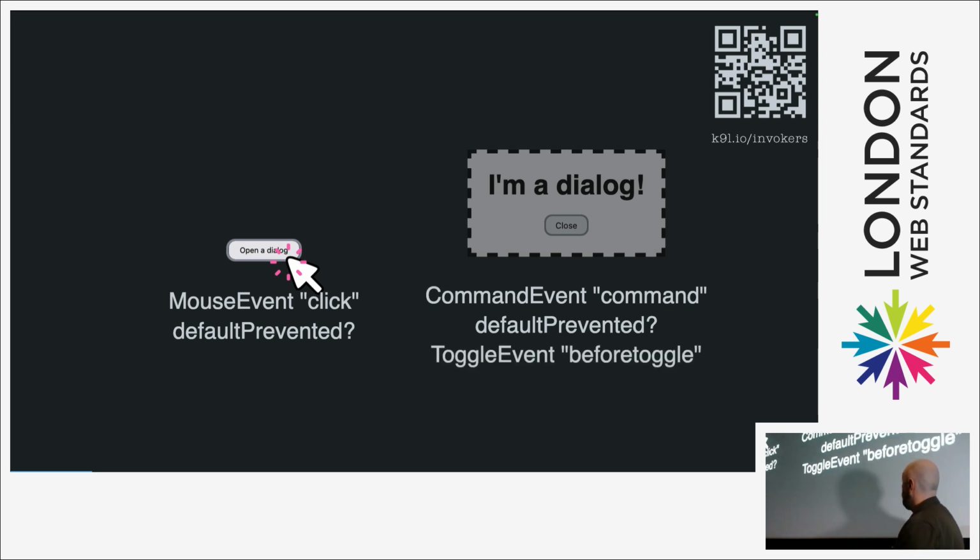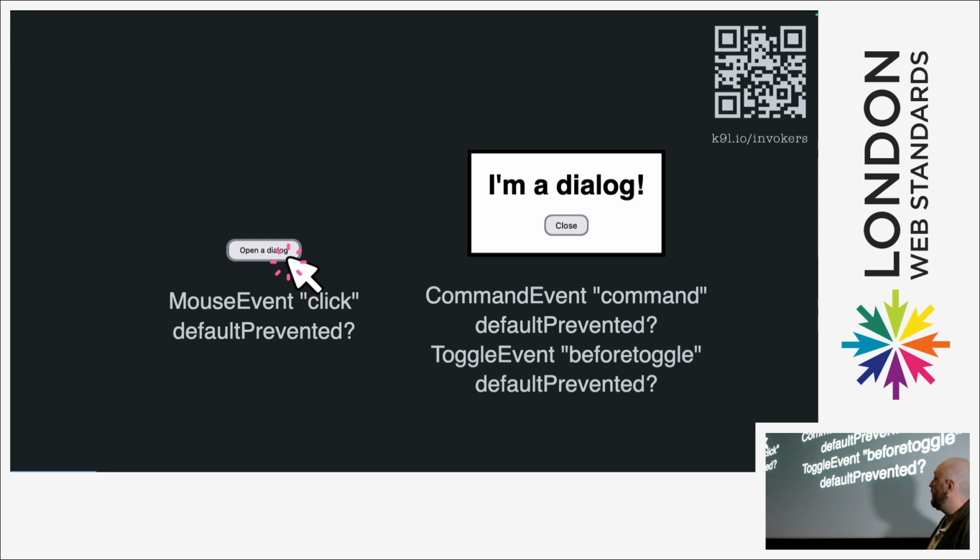And there's two important bits here. One is you get the beforetoggle event. And again, you can prevent default. If you don't prevent default, the dialog gets shown, and you get a toggle event. And the beforetoggle and toggle events are really cool because you can use them to do setup and teardown of animations or add event listeners when the dialog is open. But this is the whole flow of what we just saw.